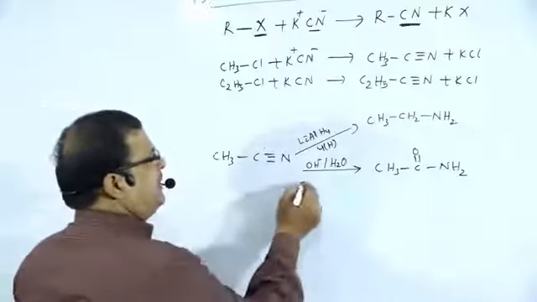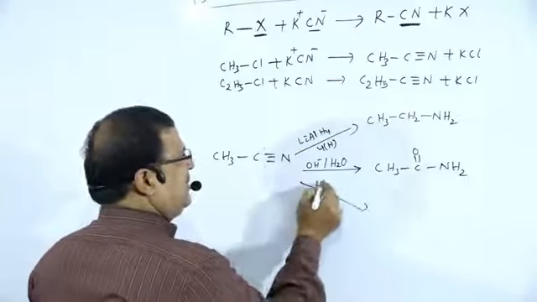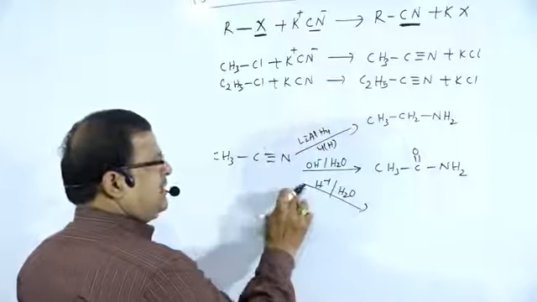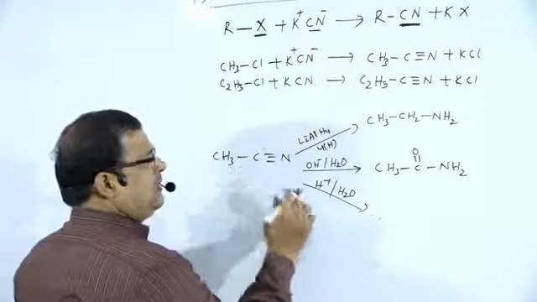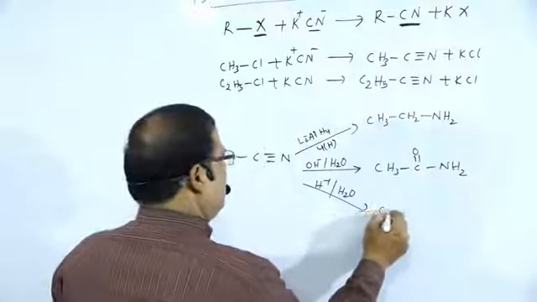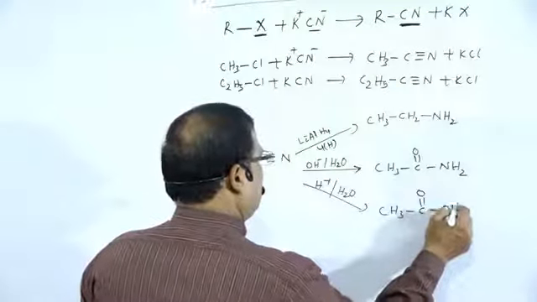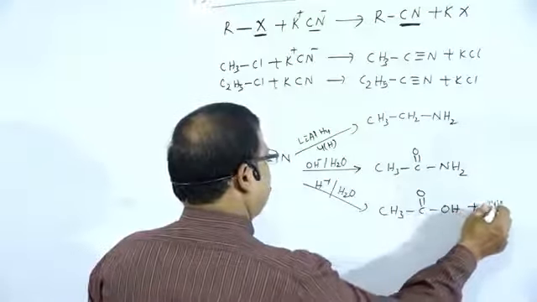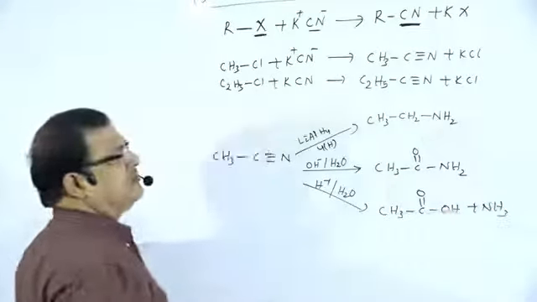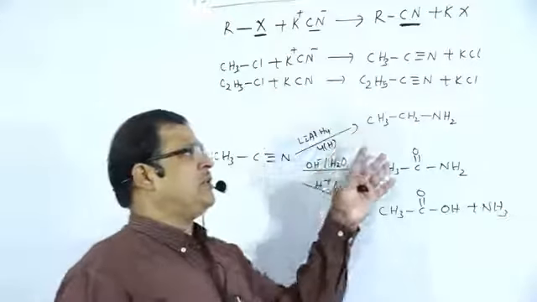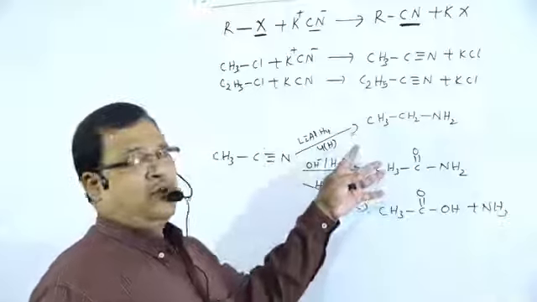Or if you take acid hydrolysis, H plus and water, of alkyl cyanide, there is the formation of CH3 COOH plus NH3. These are very, very important reactions that will be required during the conversion of organic compounds.